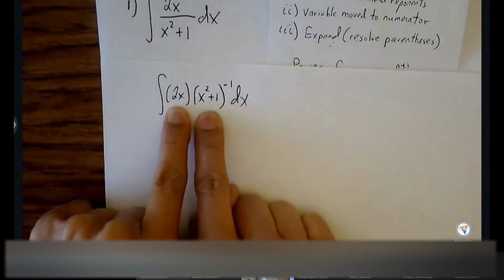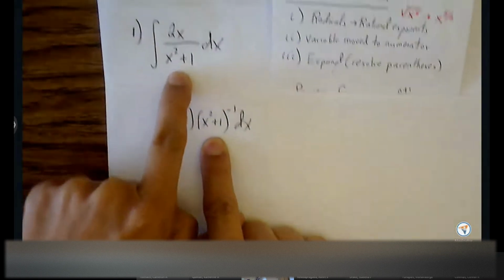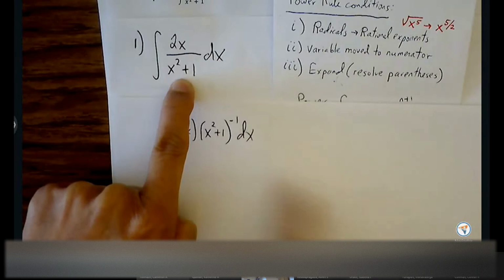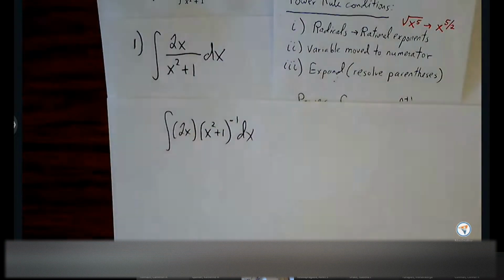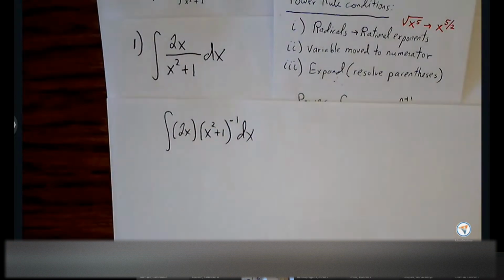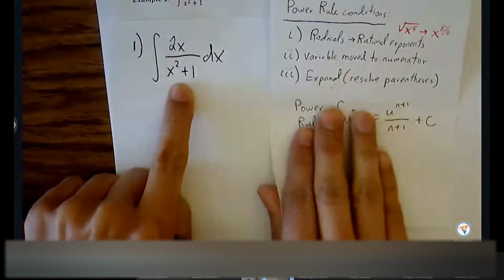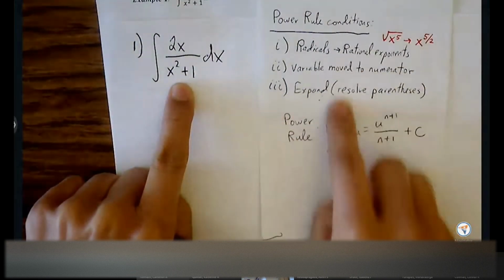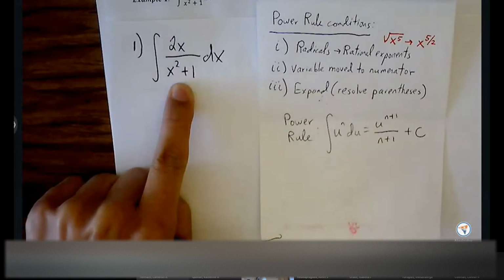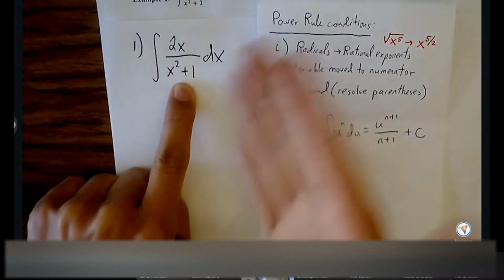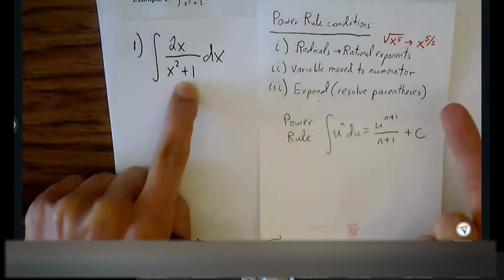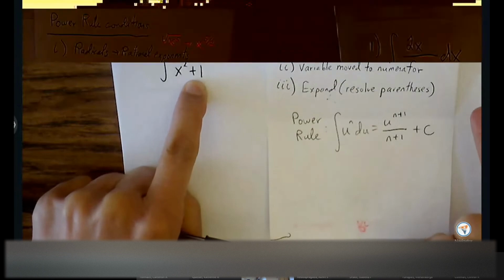So what I want to point out to you is if you have more than one term in the denominator separated by plus or minus, you're stuck. You really can't do any movement. So if I have more than one term, I always want you to do a power rule conditions check, but this is a quick indication that, okay, this option is out. I'm stuck with this form.